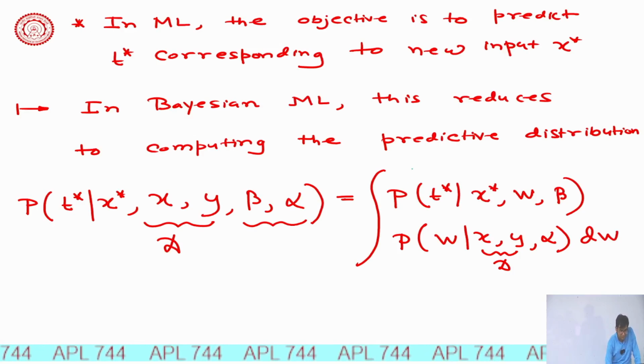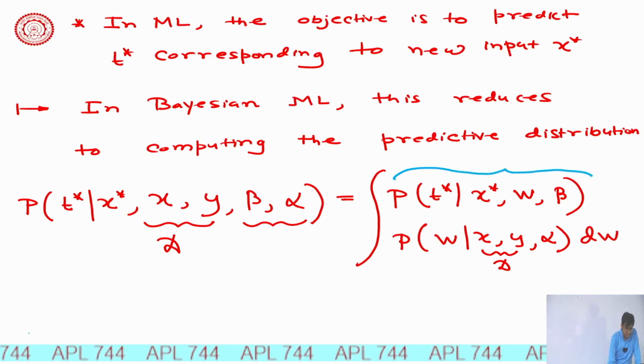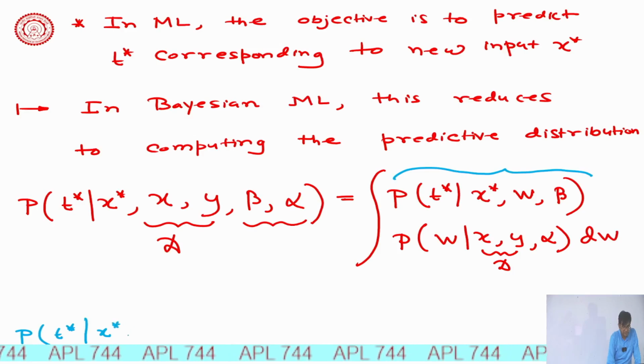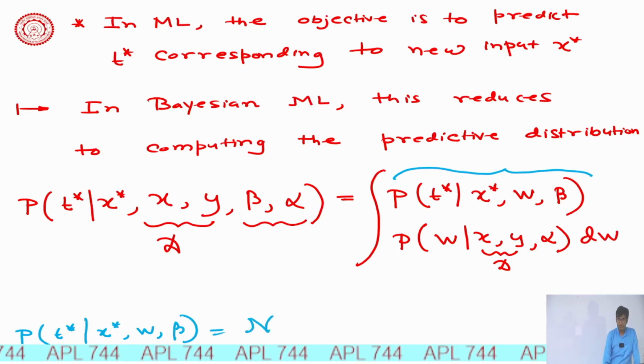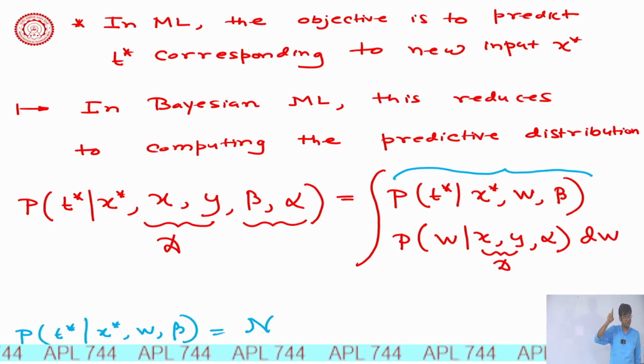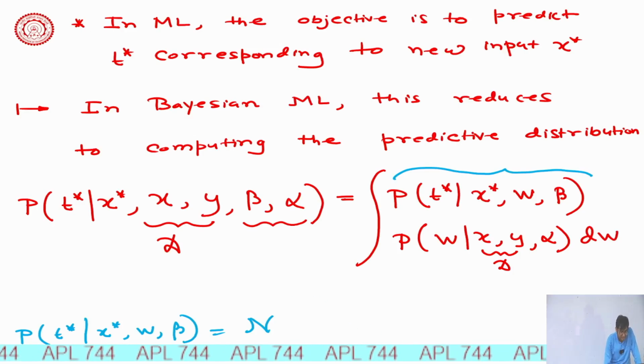So if I write it down, probability of T star given X star comma W comma beta is equal to Gaussian. Why Gaussian? Because epsilon is Gaussian. Why is epsilon Gaussian? Because of the central limit theorem. All of these things are coming back.